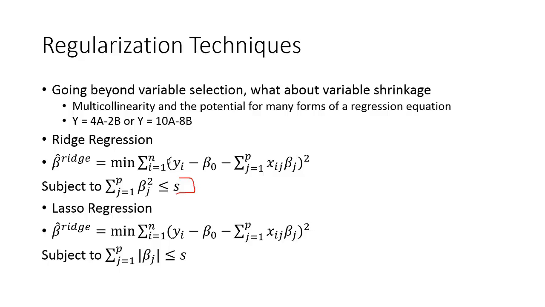And that value s is not like you have a particular number in mind. What winds up happening is that you can rewrite this optimization by not having this constraint, but essentially just adding a minus lambda and summation of beta j square.